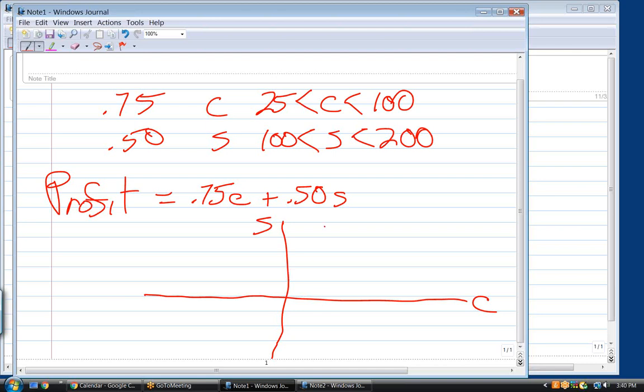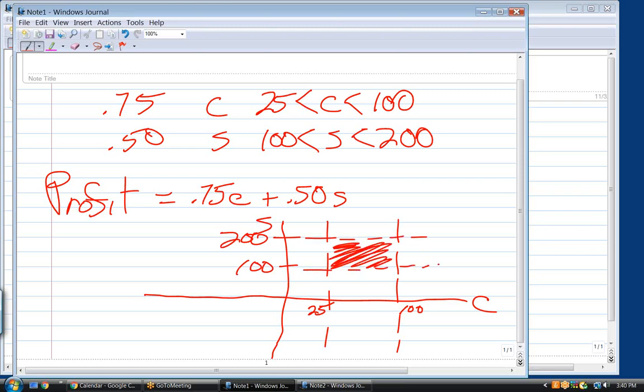And I know candy has to be between these two lines, and soda has to be between those two lines. So the area covered is that square right there. Our answer has to come in that area. And there are 4 vertices to that polygon.